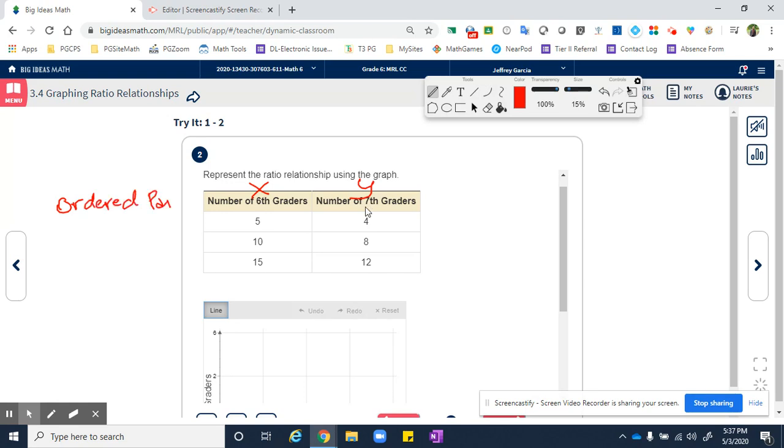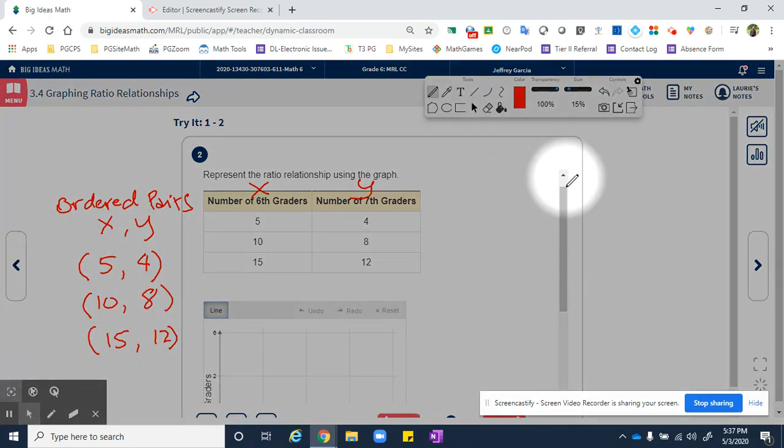My ordered pairs, my x and my y, would be for every 5 6th graders, we have 4 7th graders. For every 10 6th graders, we got 8 7th graders, and for every 15 6th graders, we have 12 7th graders. Now, we have our ordered pairs.